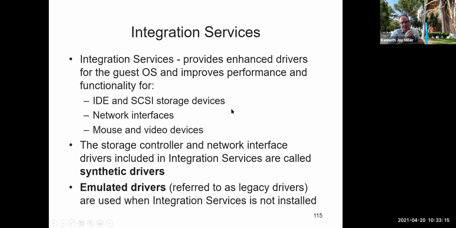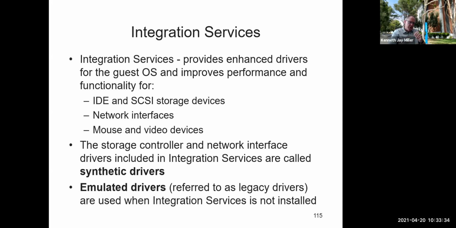Okay, some of the integration services, this is like the VMware tools or the VirtualBox tools if you've used VirtualBox. And this will give us improved performance for the hard drives, the network, and the mouse and video.